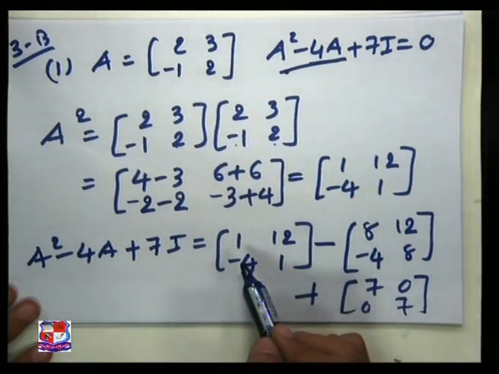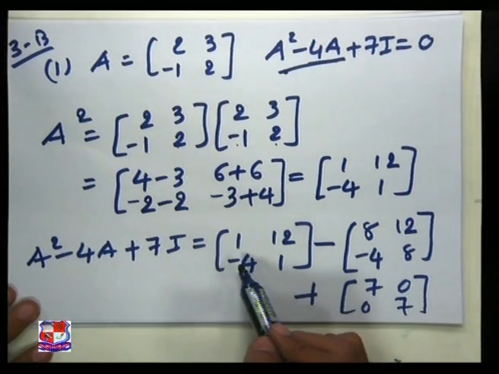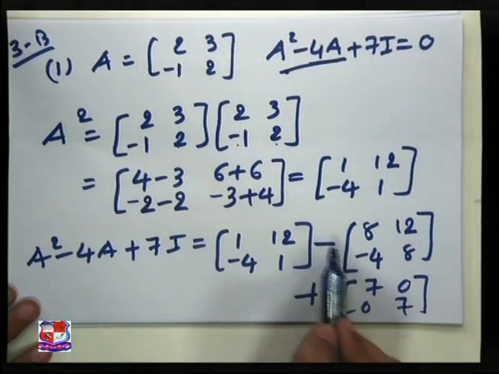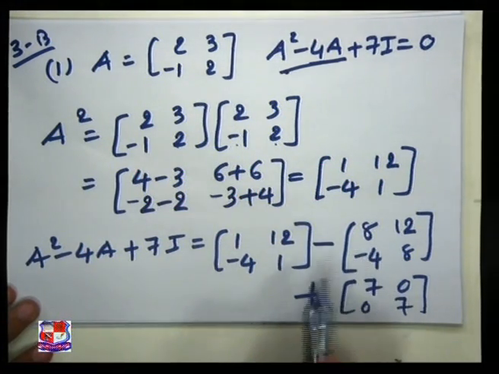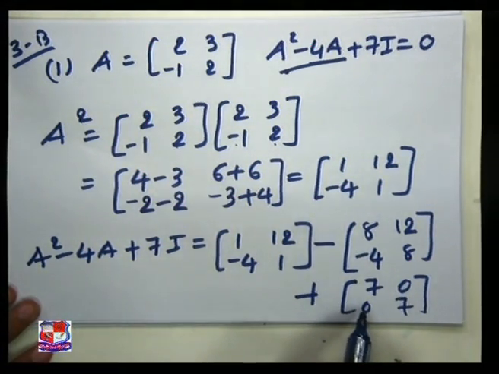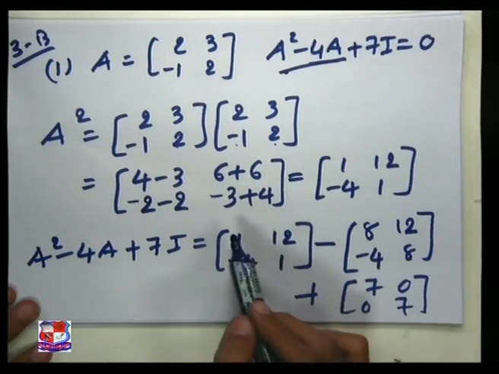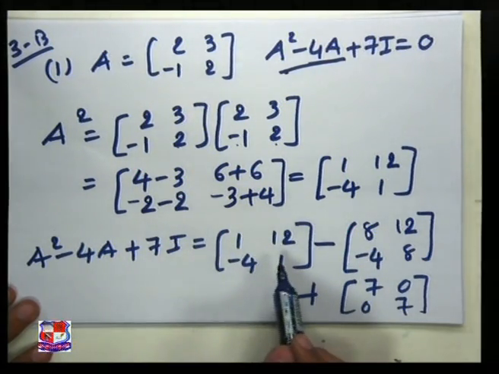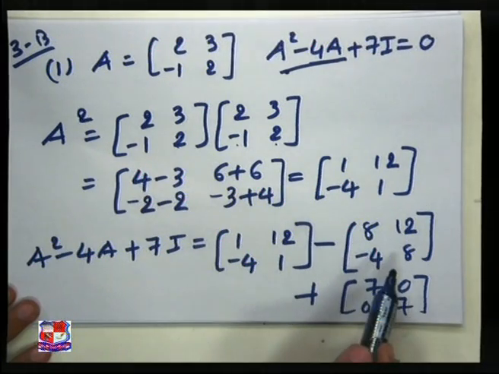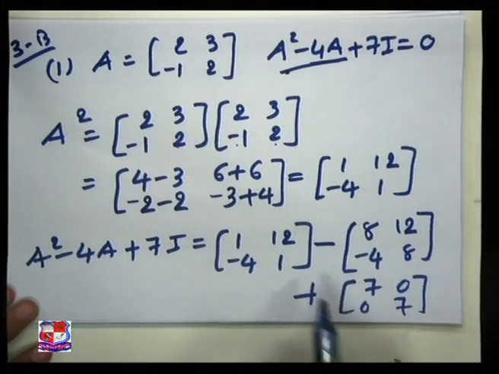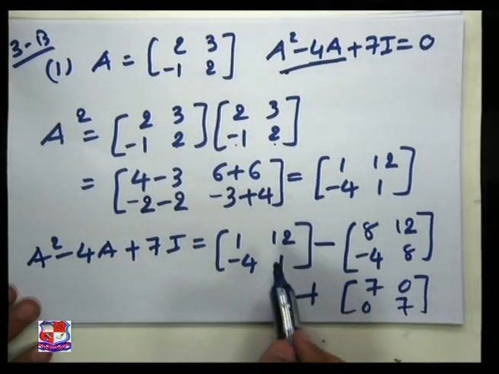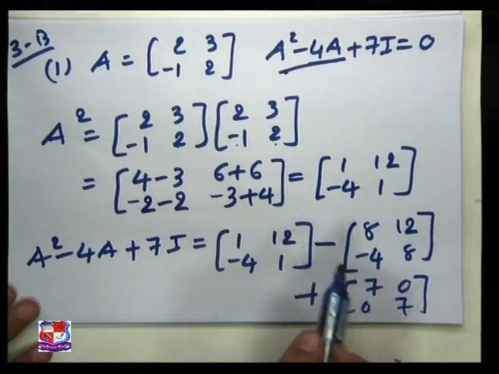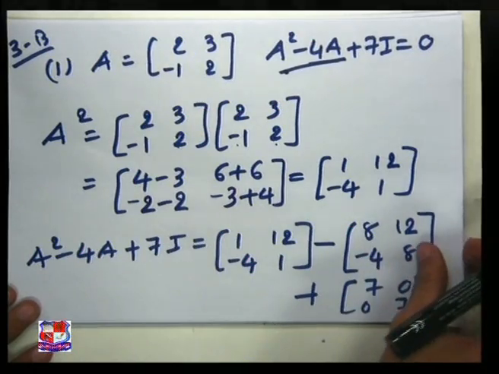For the first element of the second row, minus 4 minus minus, that is minus minus plus, so minus 4 plus 4 is 0, plus 0, so it is again 0. And here 1 minus 8 is minus 7, plus 7, so 0. If we simplify this expression, we get the answer 0.